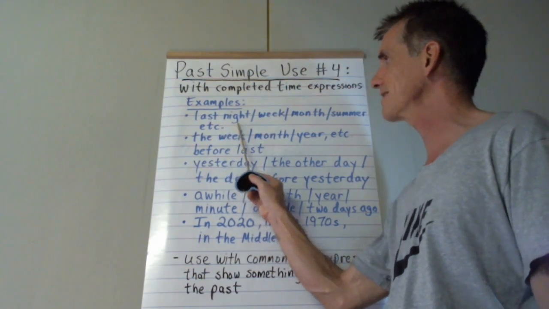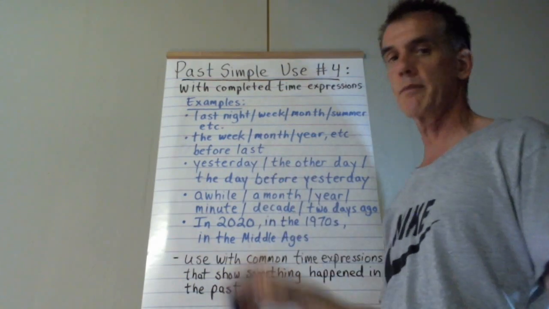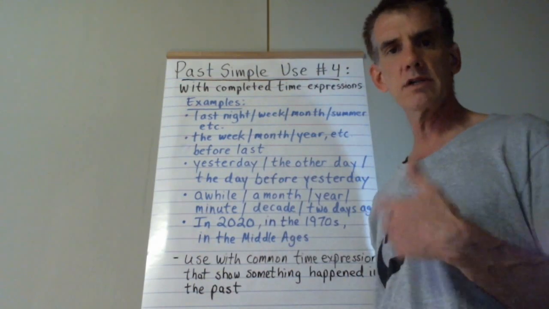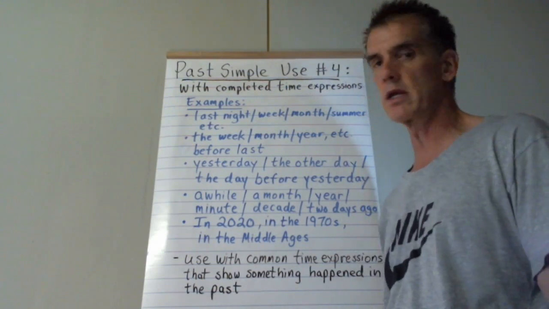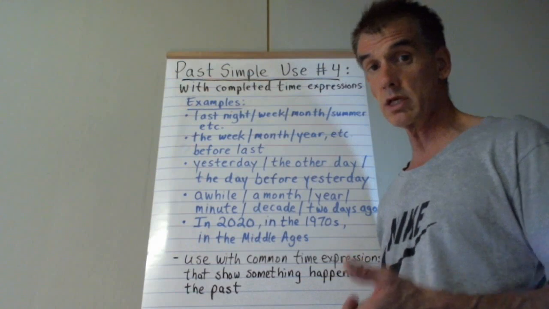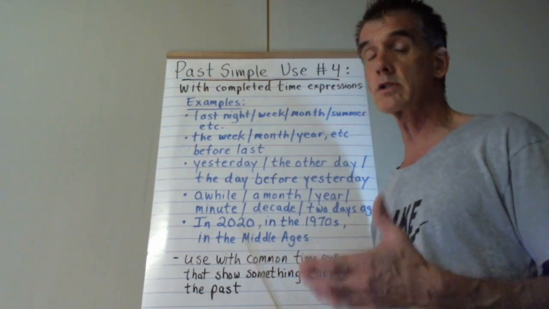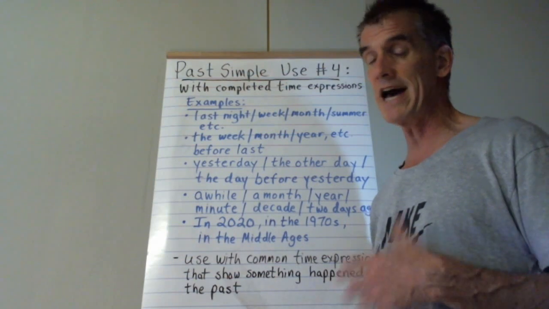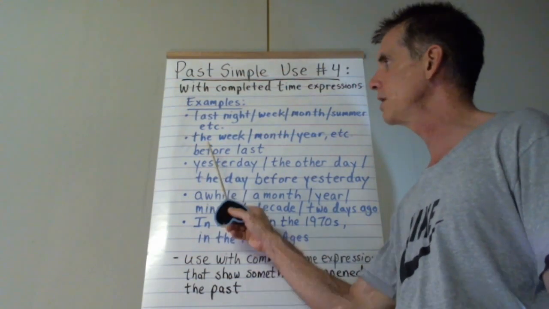So again, last night, last week, last month, last summer, last autumn, last weekend, and on and on. There are many, too many to actually list, but just remember these are valid uses of the simple past, the past simple.